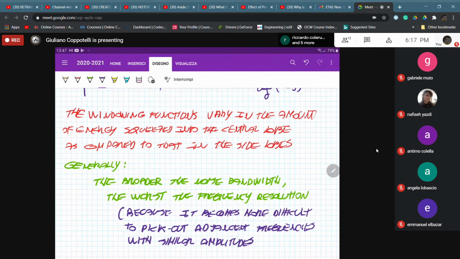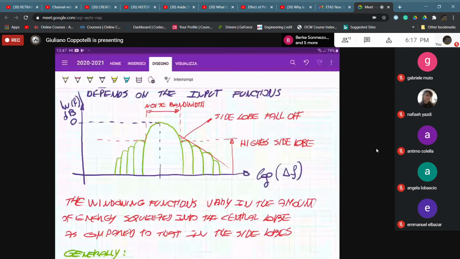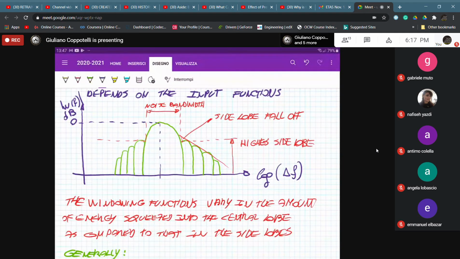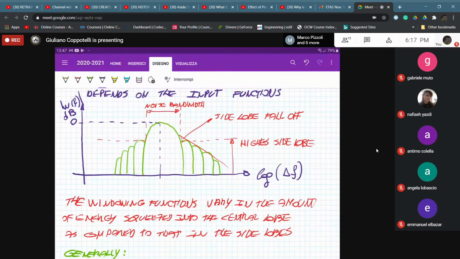And that is quite obvious, because the larger the noise bandwidth, we are treating with the same importance frequencies that are close to your center frequency, and therefore if there is a noise or some differences, you can't select those frequencies.